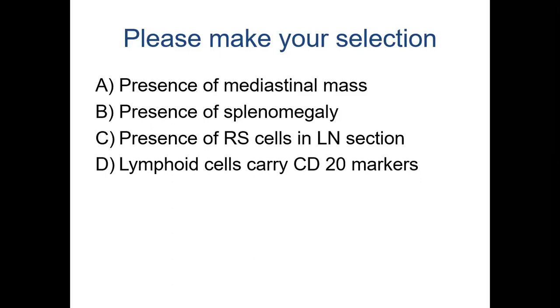By the presence of mediastinal mass, the presence of splenomegaly, the presence of Reed-Sternberg cells in the lymph node section, or if the lymphoid cells carry CD20 markers. Cast your vote. It is very clear that we depend on the presence of Reed-Sternberg cells in the lymph node section. It helps to differentiate between Hodgkin disease and non-Hodgkin lymphoma.